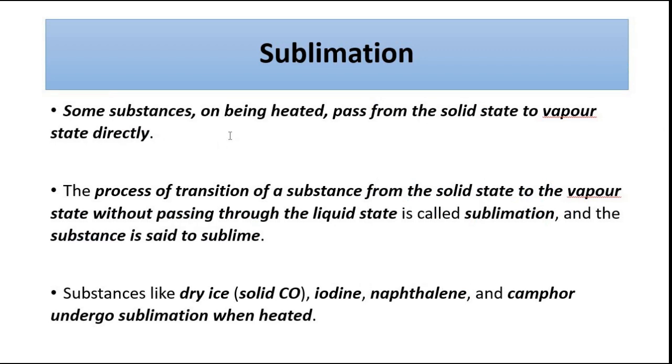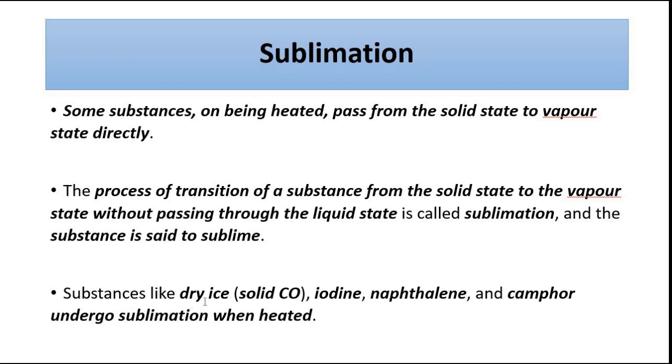That is called sublimation. This process of transition of a substance from solid state directly to the vapor state without passing through the liquid state is called sublimation, and the substance is said to sublime.